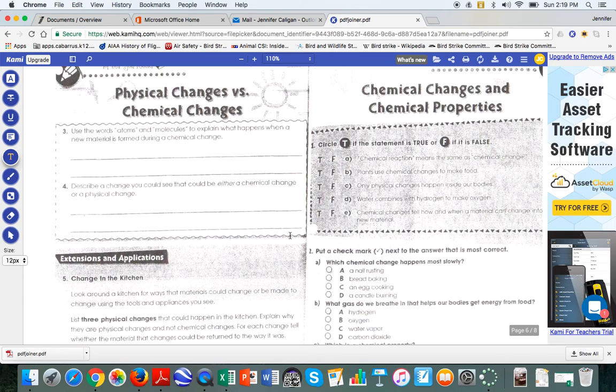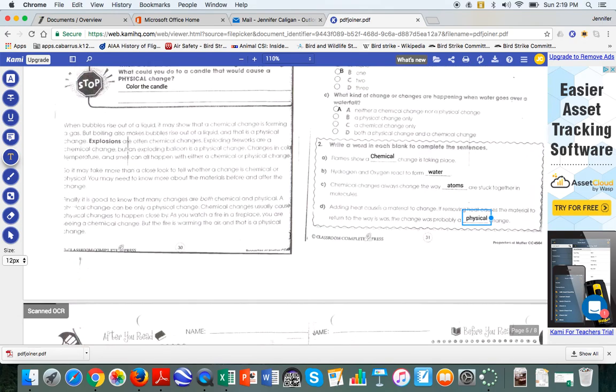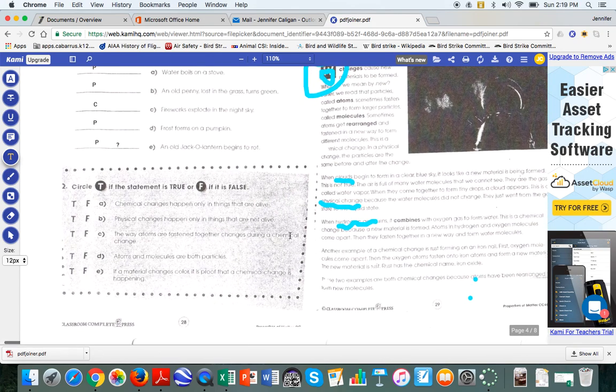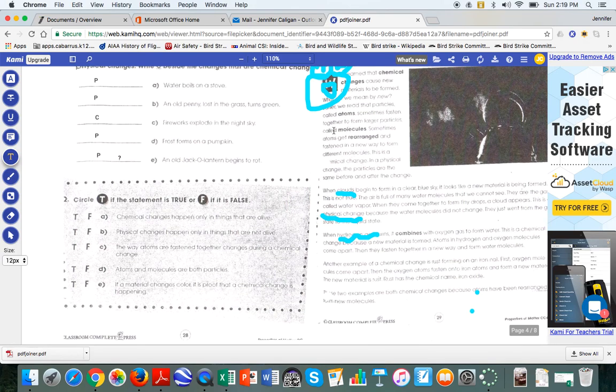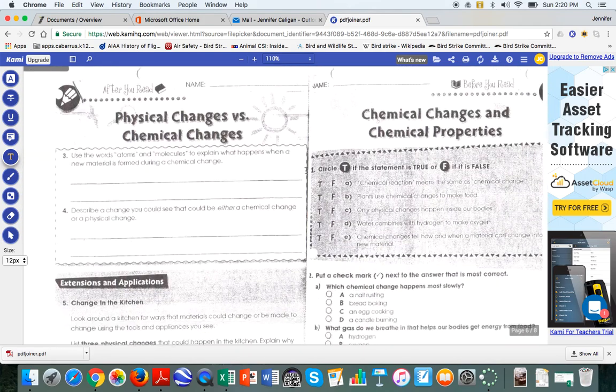Ha! Took me a minute. So let's go back to page 29. That's what my notes say. So going back up here, where we were talking about when a new material is formed. Sometimes atoms get rearranged and fastened in a new way to form different molecules. So we're going to use that to help us answer this question.